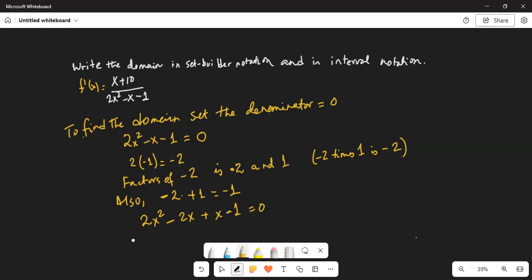Now, from the first two terms, we will take out the common factor 2x, and it will be x minus 1.